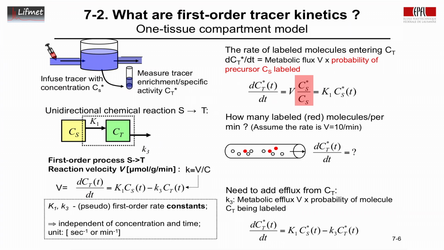And this is essentially a system of linear differential equations that describes the rate of change of labeled molecules appearing in the tissue pool as a function of the radioactivity or the tracer in the substrate, that is the blood pool.